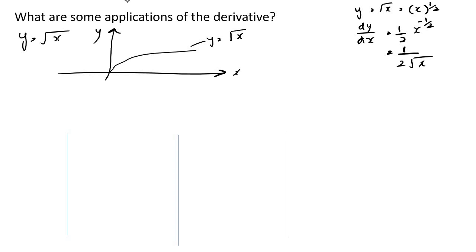This is a function of gradients, called a gradient function. In other words, for every x, you can determine what the gradient at that position is from the derivative function.